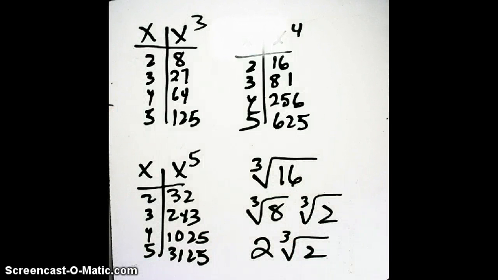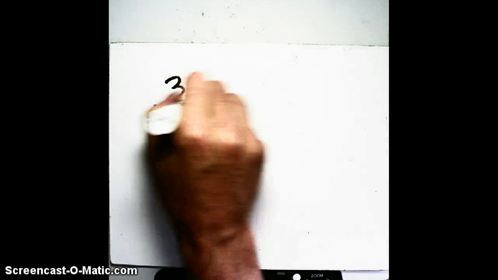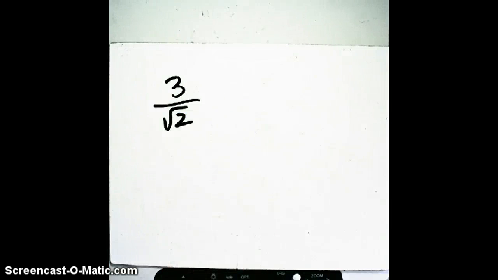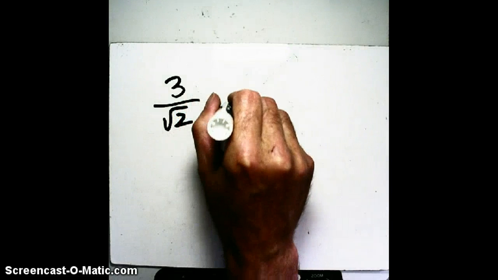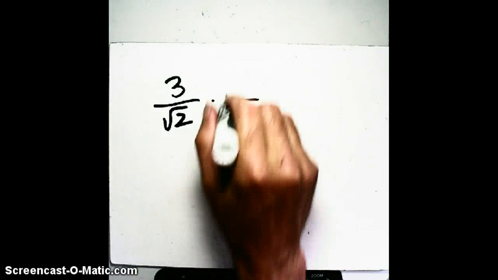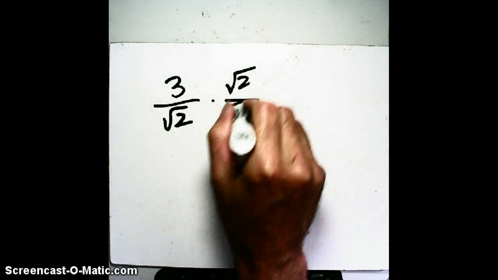So Mr. Staples, what would be an example? Well, I don't know. I got a moment to spare here, so we'll just take a little deal like this. And how about we do a problem? 3 over radical 2. Okay, this is called rationalizing the denominator. You need to be able to get a radical out of the denominator. We're going to do that by multiplying by 1. Well, isn't 1 the same thing as radical 2 over radical 2?